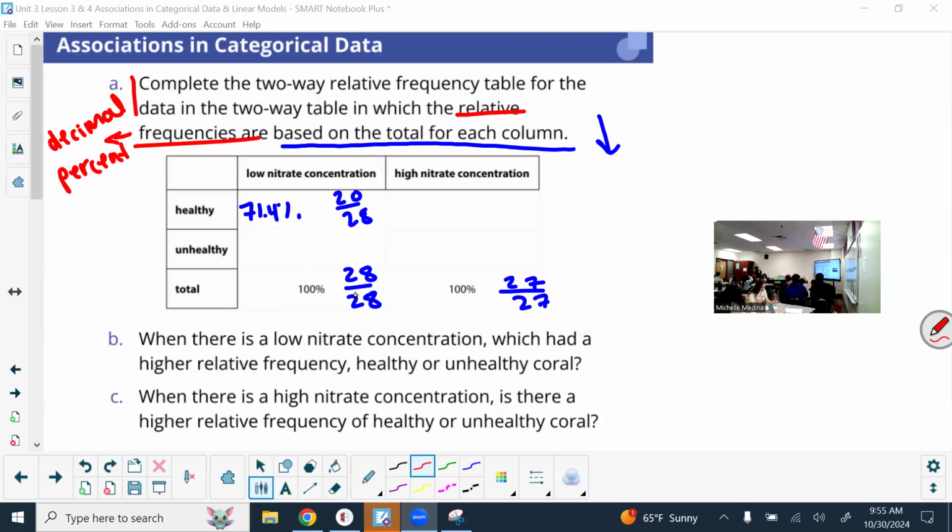If this was 100%, they had to have divided it by 28, not by the 55. And then the value that was here on the table given to you was 20. So yes, that does work out. 20 divided by 28 gives you a long decimal. Times it by 100% to make it a percent.